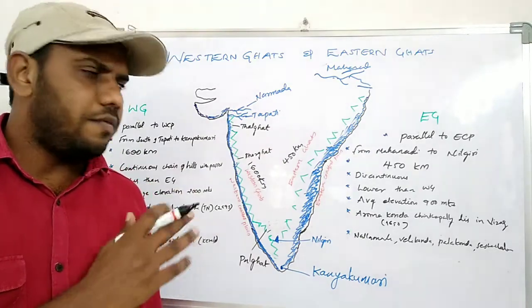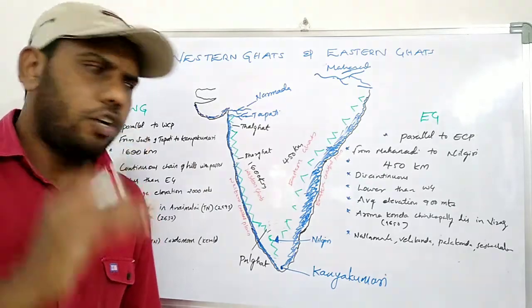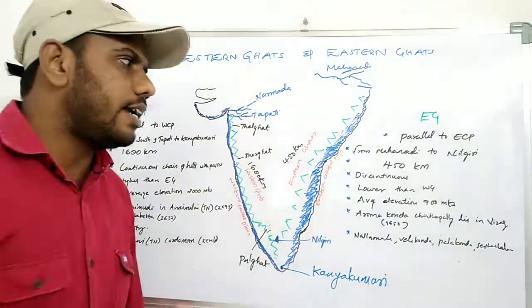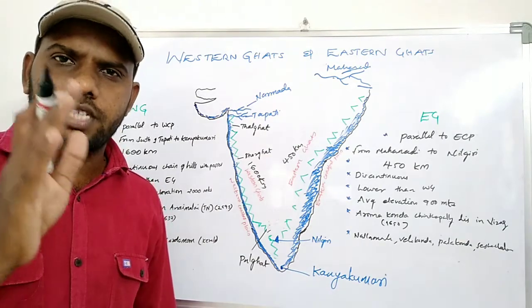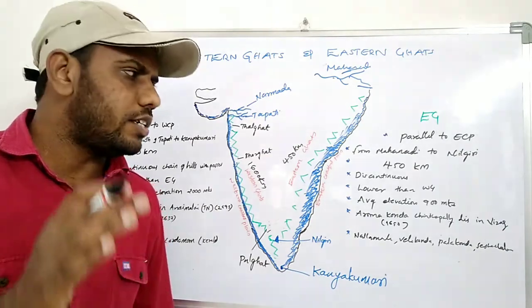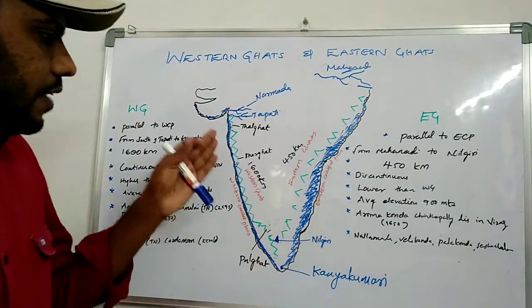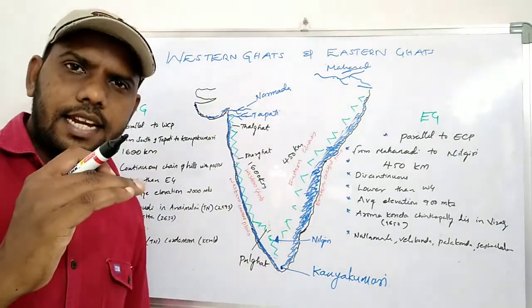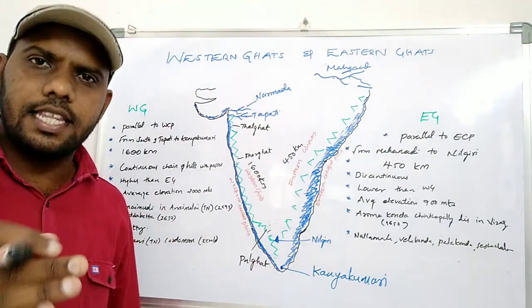Okay, when we study the coastal plain, much related to this will be studied. Don't worry. Now here we can understand Eastern Ghats are a discontinuous chain of hills. Next point, the Western Ghats are higher than the Eastern Ghats.